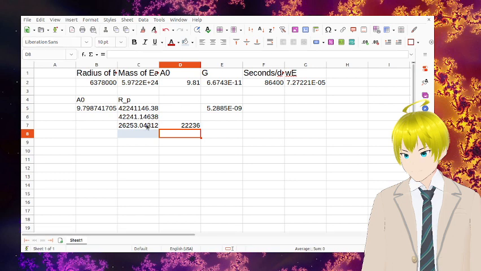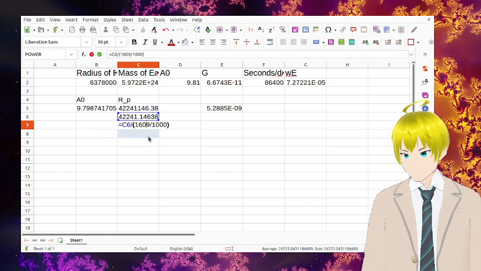Why did I get 26,000? I thought it was 26,000 actually. This does not look right to me. 36,000 kilometers. Interesting. Yeah, 22,300 miles. Okay. So in that respect, there is a problem here.